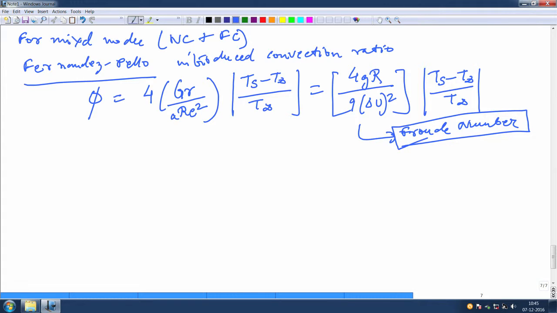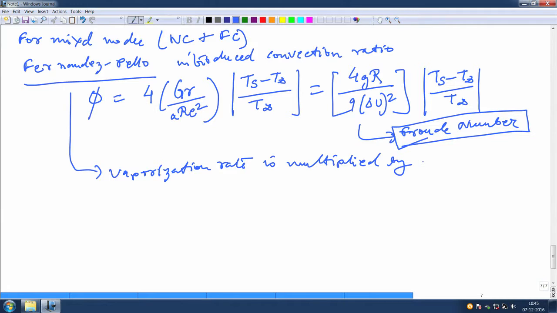So, he found that when we use this to calculate, the vaporization rate is augmented. Vaporization rate is multiplied, so whatever is the vaporization rate earlier is multiplied by phi square to the power of 1 by 8.